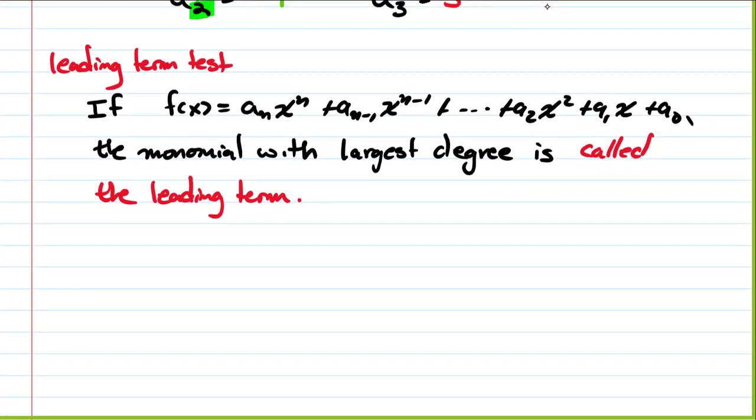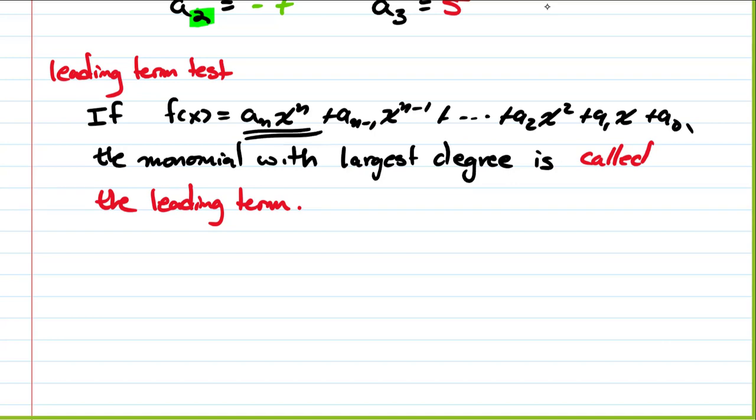So in terms of this, our leading term is always going to be the one with the largest degree. So our leading term would be a sub n x to the n.